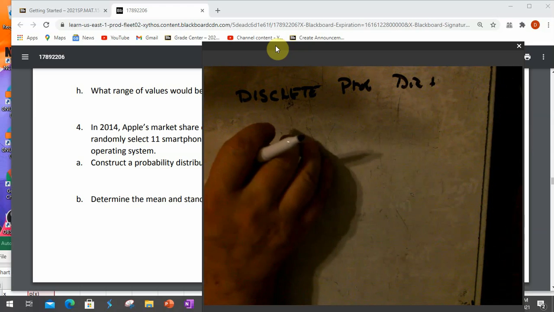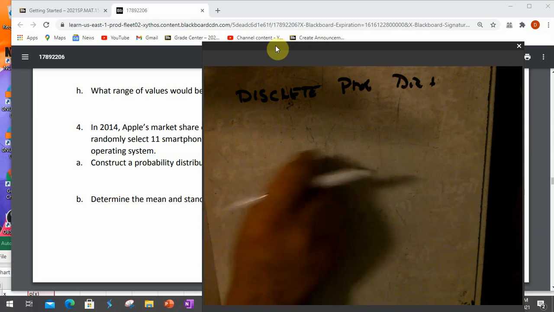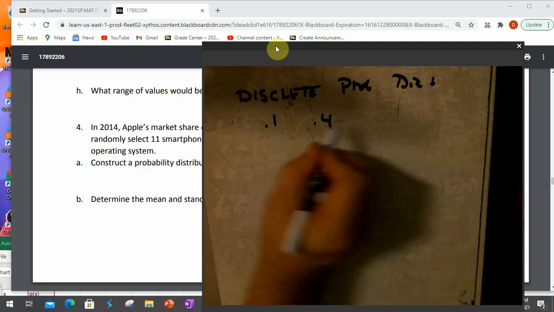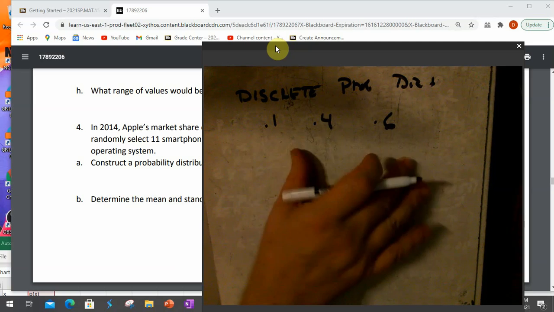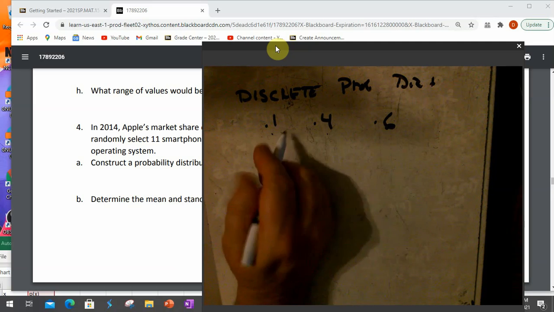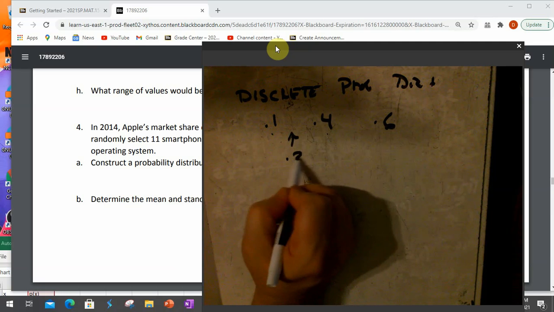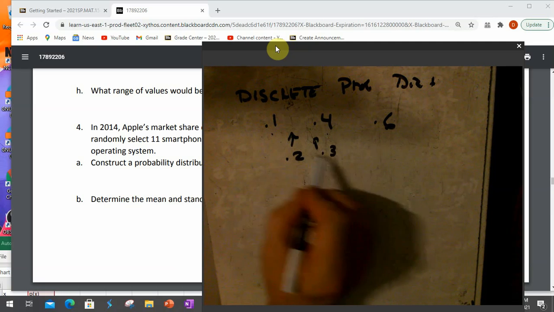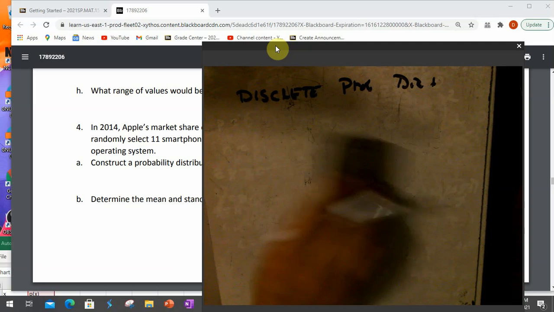I can't have numbers between numbers, and it's okay if I had 0.1, 0.4, 0.6. If these were the only values that I could get, then yeah, it's discrete. But I can't say this and then go, okay, well, there's also 0.2 in there, and then 0.3. That would be continuous. Okay, so it's got to be a set number.